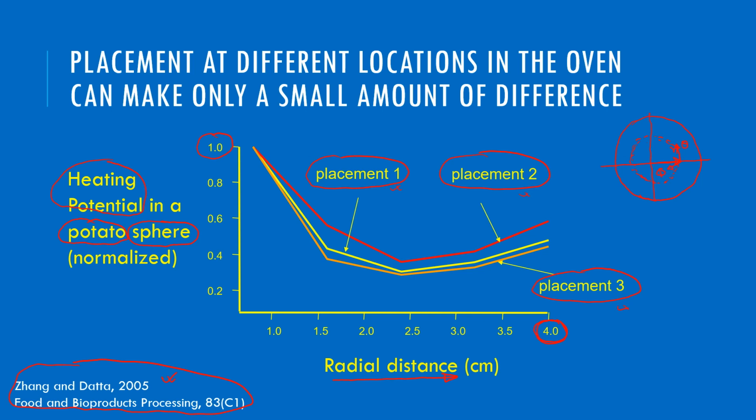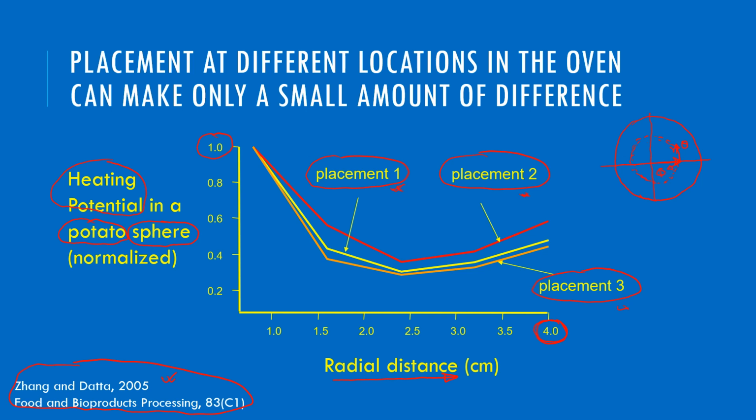Now, the actual values at different locations over the same radius do vary from one place to the other, but averaged out at that radius they seem to not vary as much from one location to the other. The same was seen for a smaller diameter of half a centimeter.